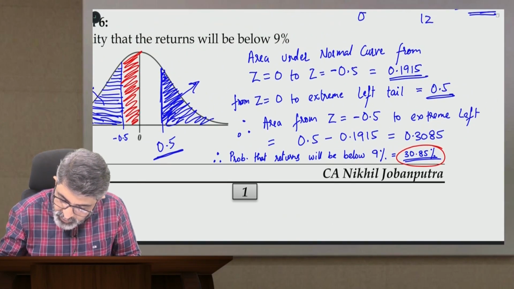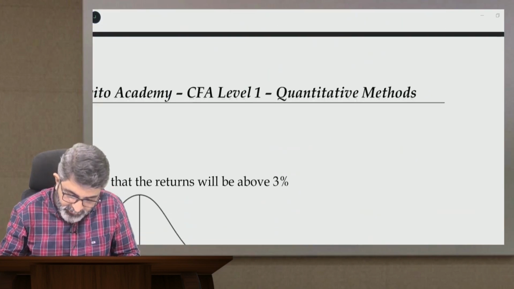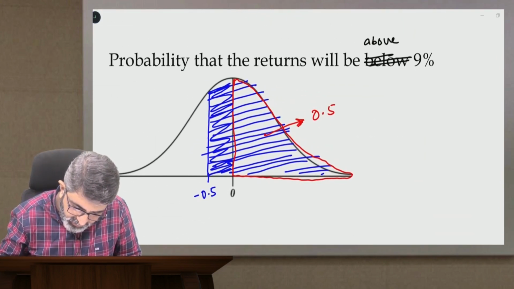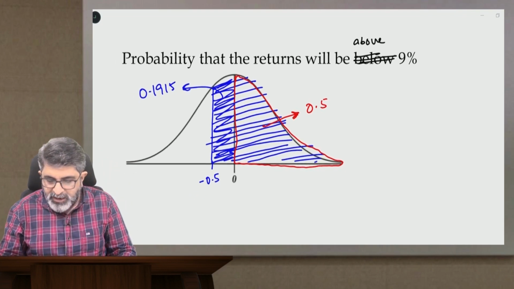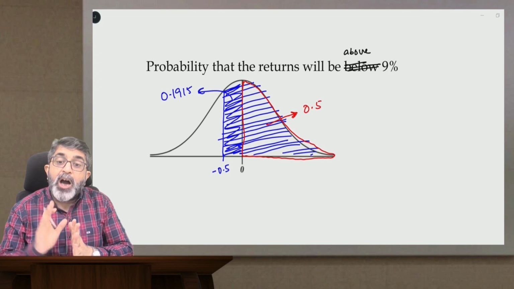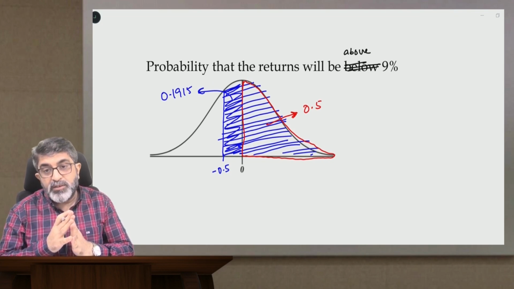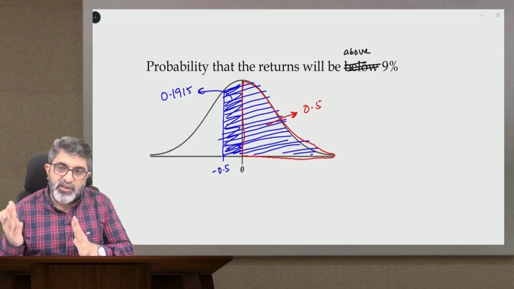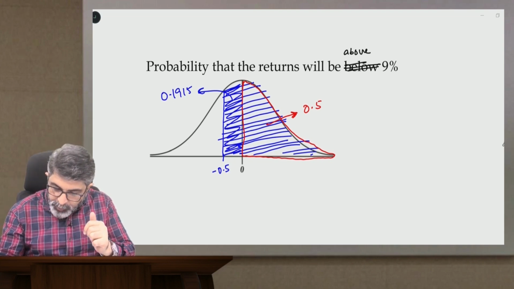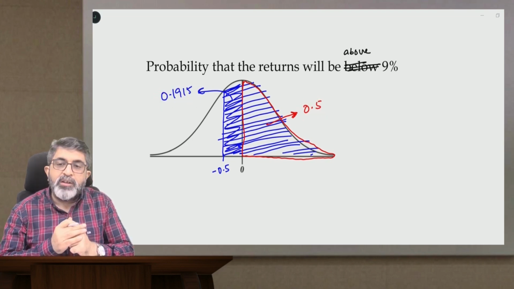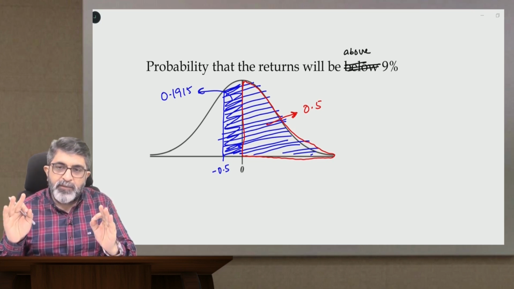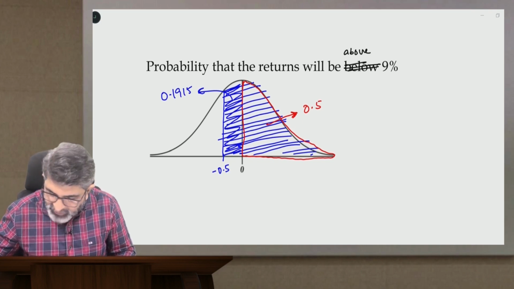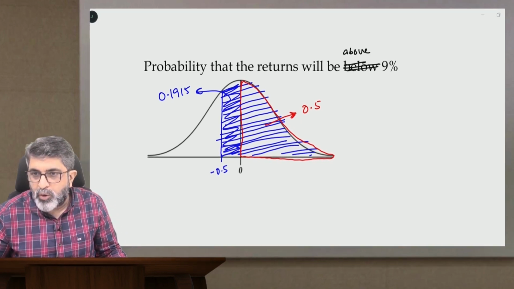It is this area, 0.1915. So you tell me now, what will be the probability that the returns will be above 9%? It will be 0.5, that is this particular area, plus 0.1915. So the final answer will be 0.6915. Correct? So let me write that for you, and you can also write it along with me.